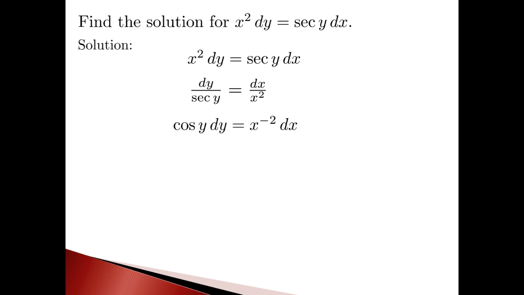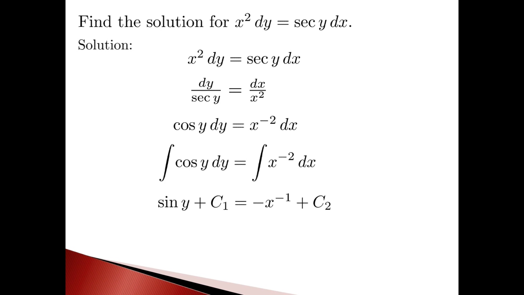Instead of a secant y in the denominator, a little bit of trig identity turns that into a cosine of y. Now it's up in the numerator. And how am I going to integrate an x squared in the denominator? Well, first step is to turn that into x raised to a power. So instead of x squared in the denominator, I make it x to the negative 2 times my dx. Now you integrate both sides, and when you integrate cosine of y, you get sine of y.